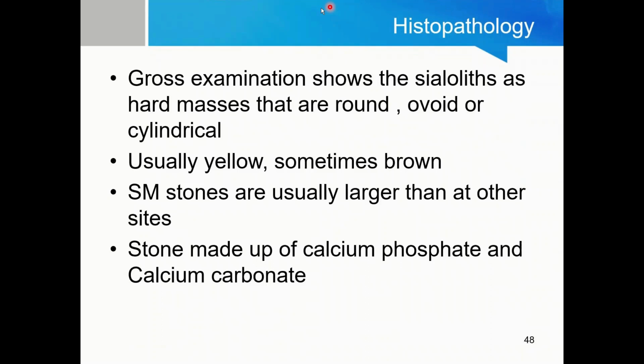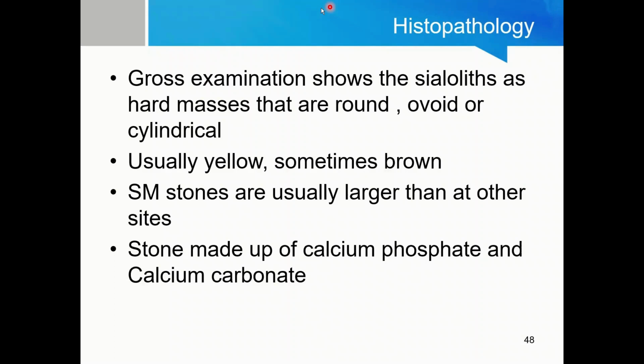And again, the stones in the submandibular gland ducts are usually larger than those seen elsewhere. So submandibular gland duct stones are observed to be larger than any other stones in the oral cavity.